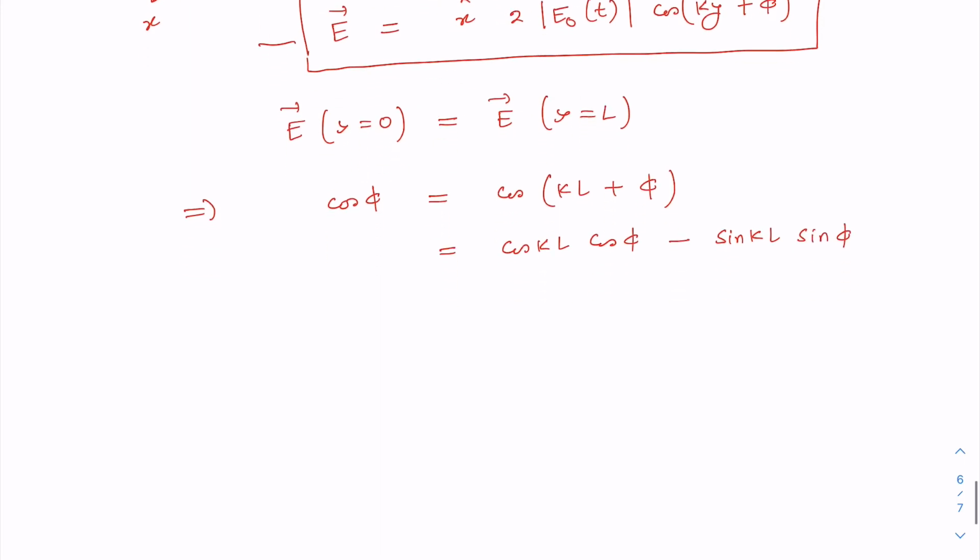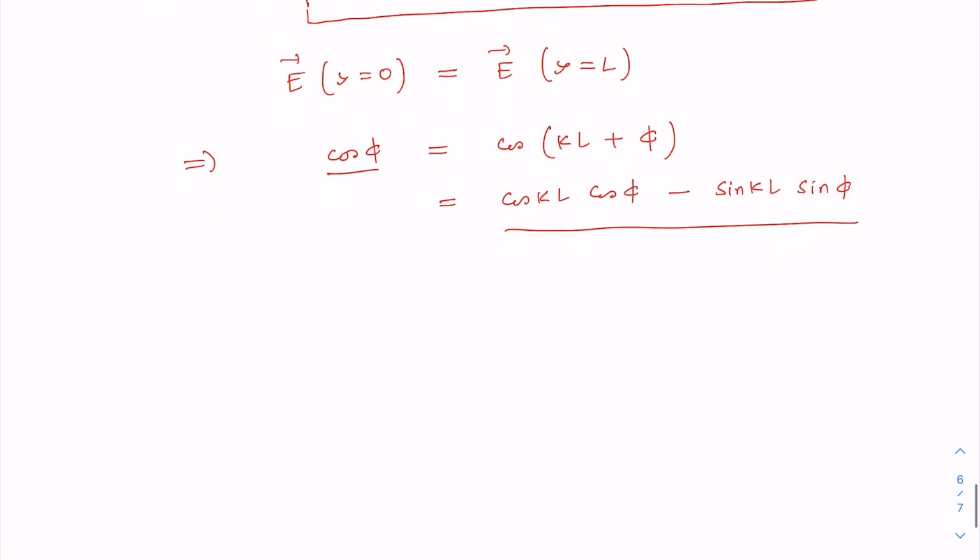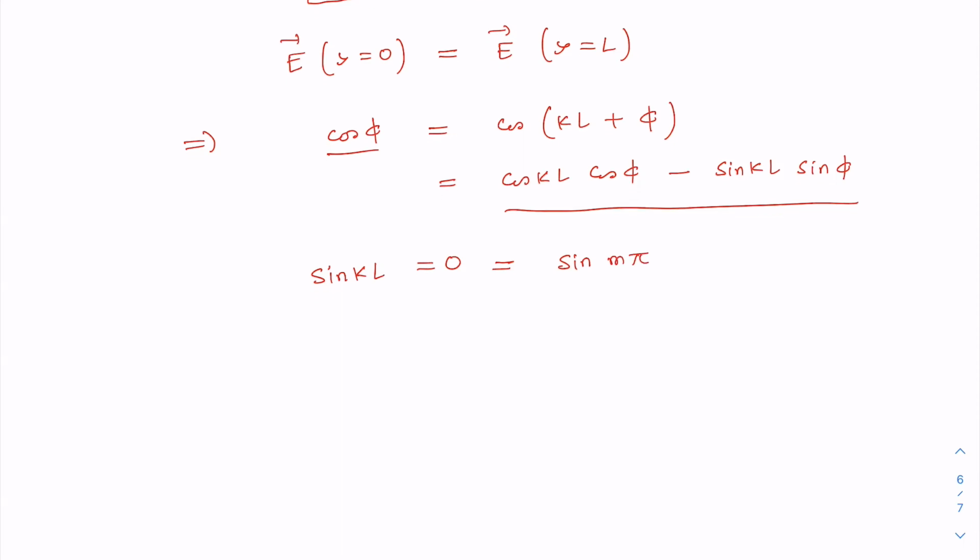If I look at both the left hand side and the right hand side, then immediately I can say that this equation would be valid if sin kL is equal to 0, which means kL is an integral multiple of pi, m pi, where m is an integer.